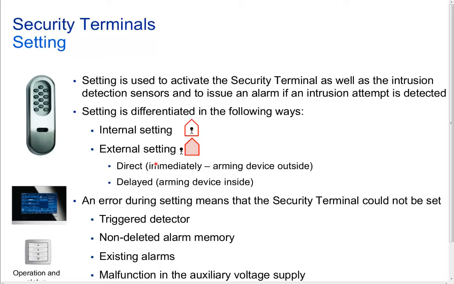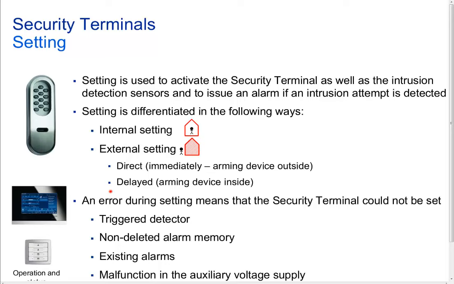And also here we can distinguish between direct setting. Direct means you set your alarm system externally, and it will be active at once. Possible if you have a safe key module like this one here outside your building. But if you're still inside your building and you operate external setting via this comfort touch panel, maybe you're still in the detection range of a motion detector. And you will, of course, then activate an alarm if you set already.